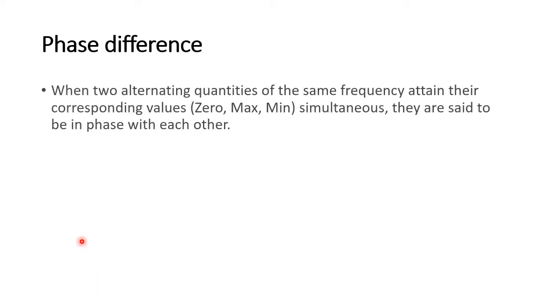Phase difference. When two alternating quantities of the same frequency attain their corresponding values, 0, maximum, minimum, simultaneously, they are said to be in phase with each other. So here we have to mark the word. When two alternating quantities of the same frequency attain their corresponding values simultaneously, then they are said to be in phase.